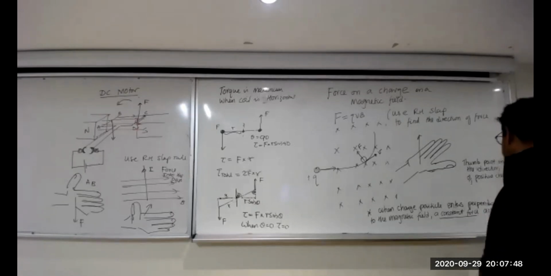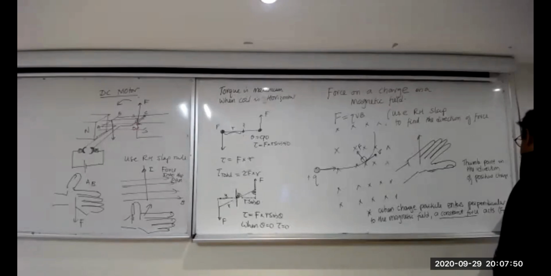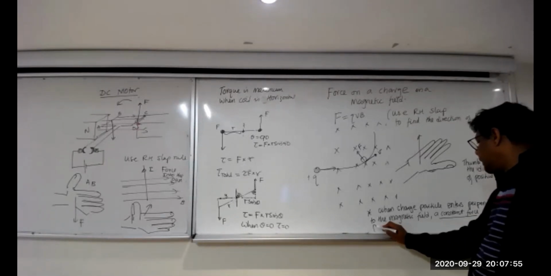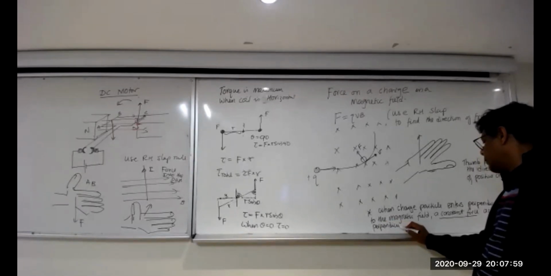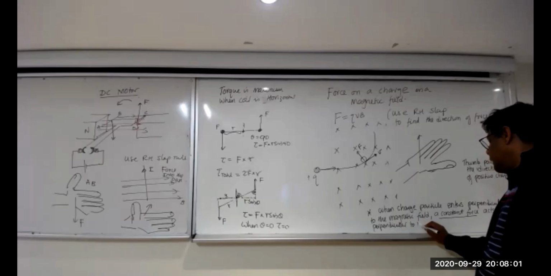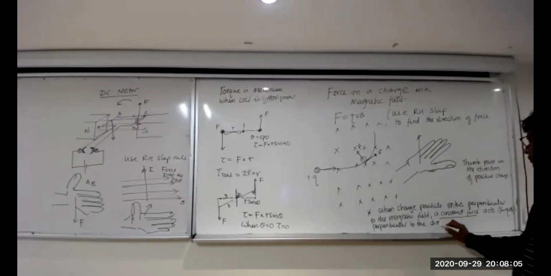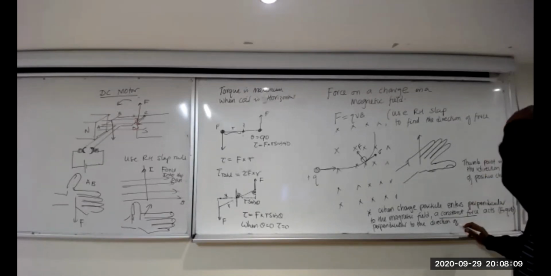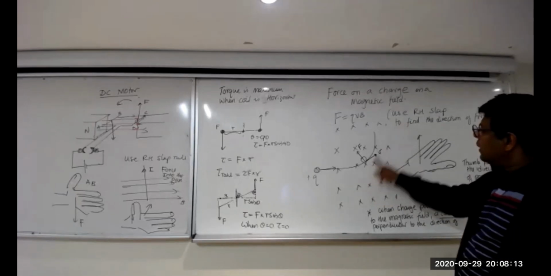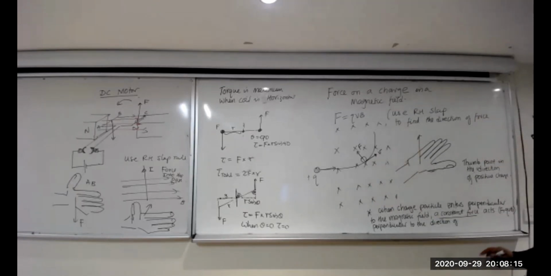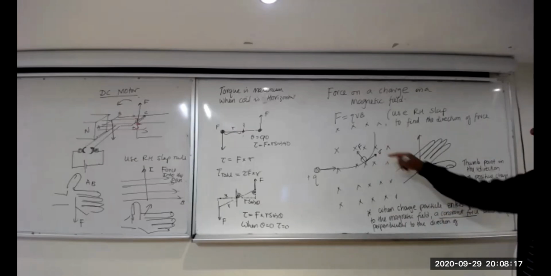This is the QVB force, perpendicular to the direction of the motion. Because the force is perpendicular to the direction of motion, work done along the direction of the motion is zero. Therefore, there is no change in kinetic energy.